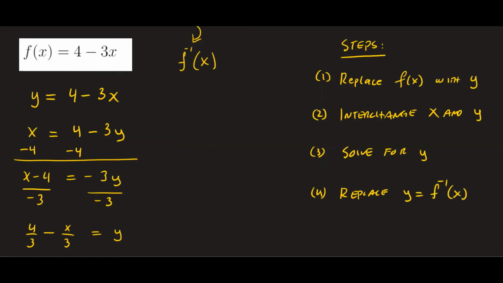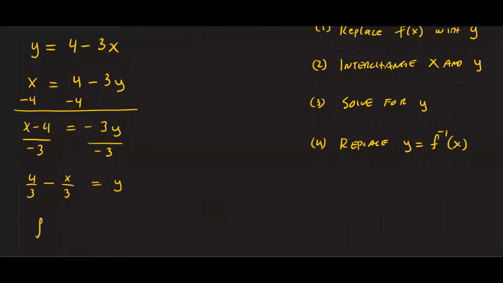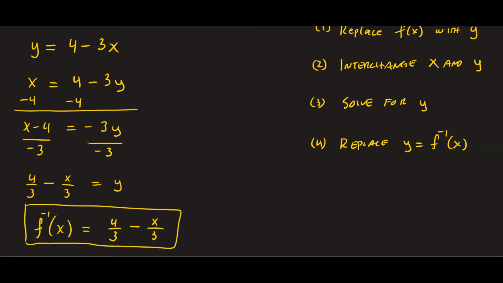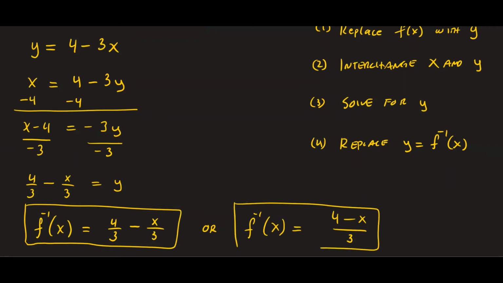So we have found our formula that f inverse of x is equal to 4 over 3 minus x over 3. So that is our formula for the inverse function for this function f of x. Or if you want, you can also write them using the same fraction. So you have f inverse of x is equal to 4 minus x over 3, since they have same denominators. Any of these are fine.